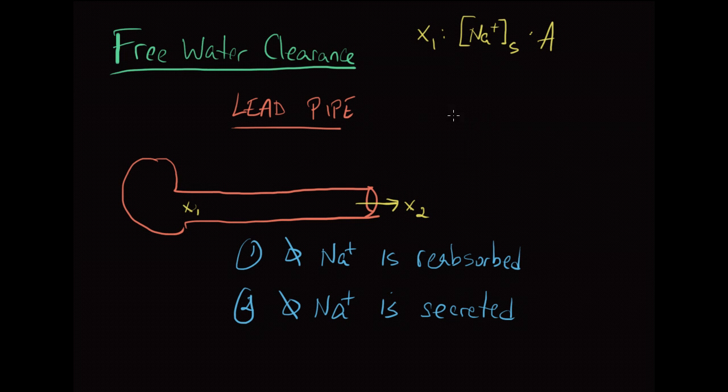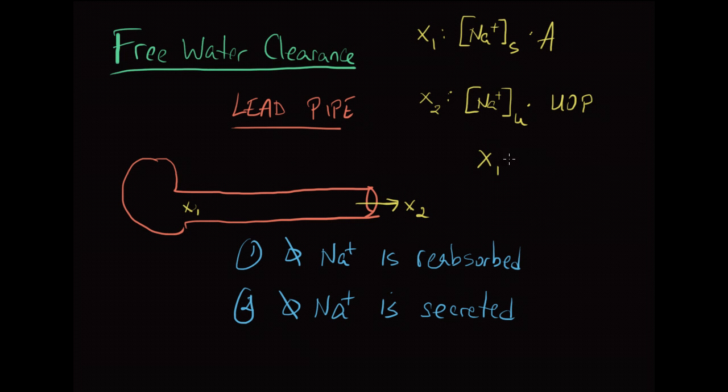We'll call that A. What about the sodium at point 2? Well, that's the concentration of sodium in the urine times the amount of urine the patient makes, the urine output.